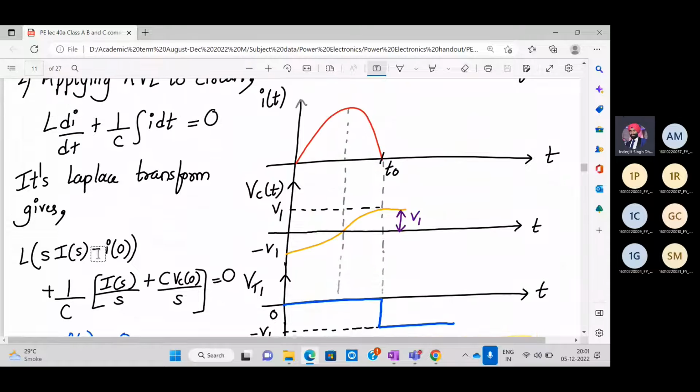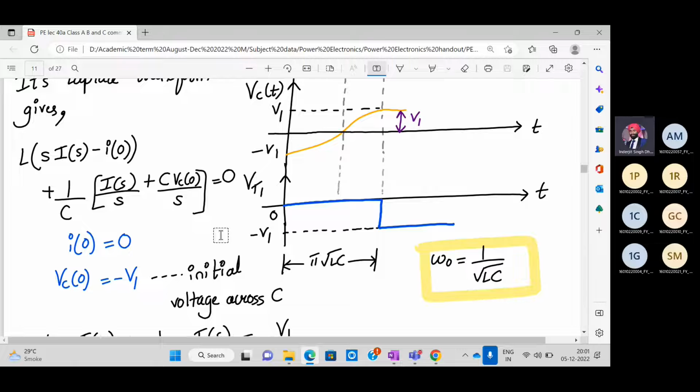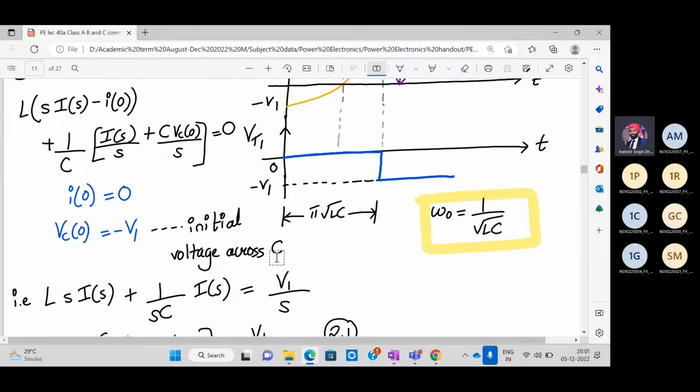We can convert this into the Laplace transform: L[sI(s) minus I(0)] plus (1/C) I(s)/s plus Vc(0)/s equals 0. Here we are considering I(0) is 0 and Vc(0) is minus V1, so the initial voltage across the SCR is considered to be minus V1.